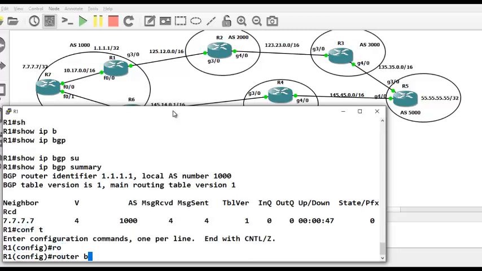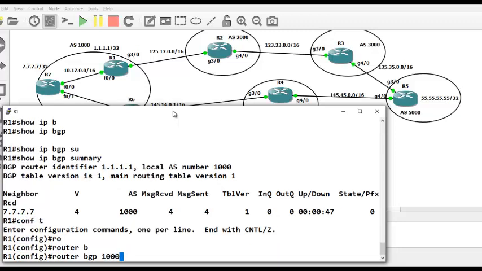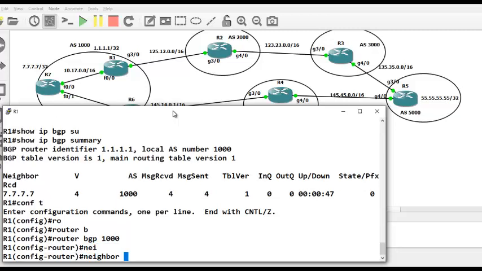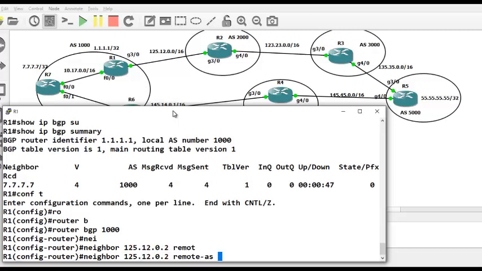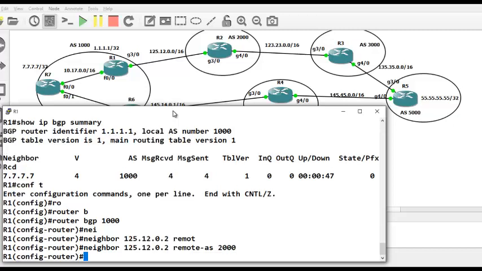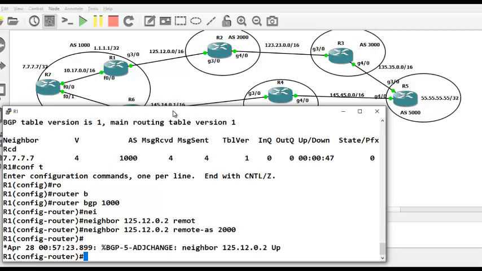Router BGP 1000, neighbor is 125.12.0.2, remote AS is 2000. The neighbor will easily come now because router 2 is configured already. See, the neighbor has come.